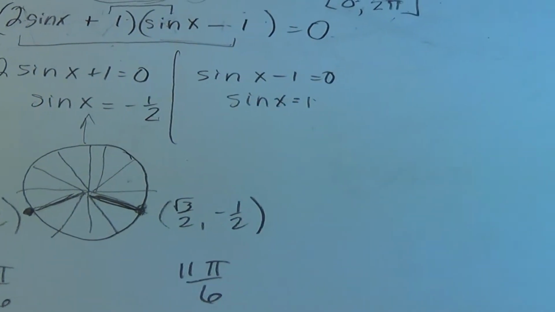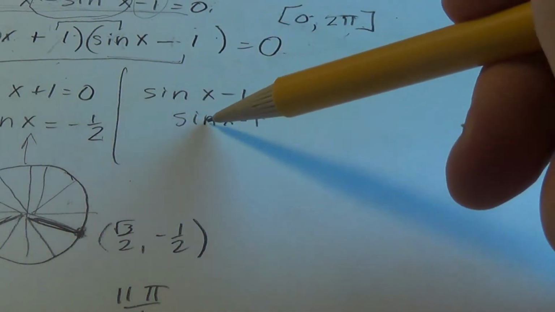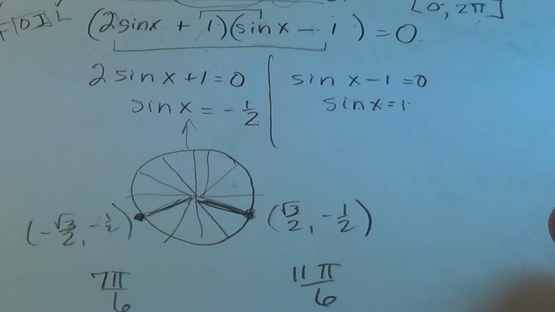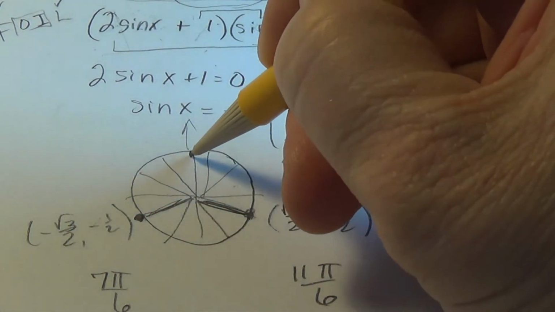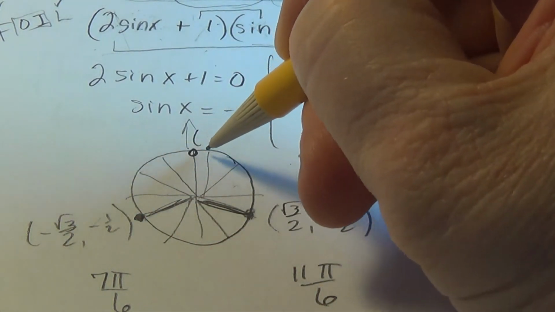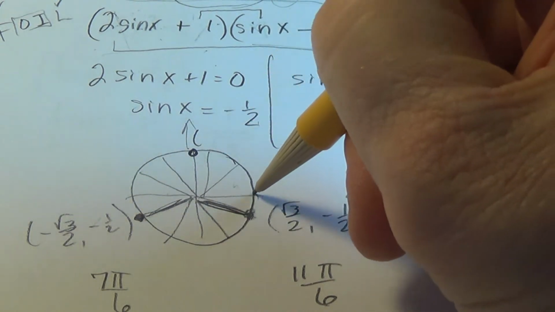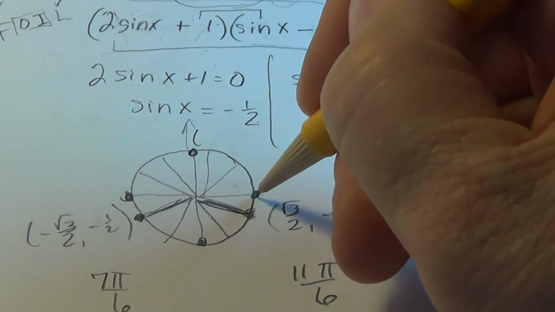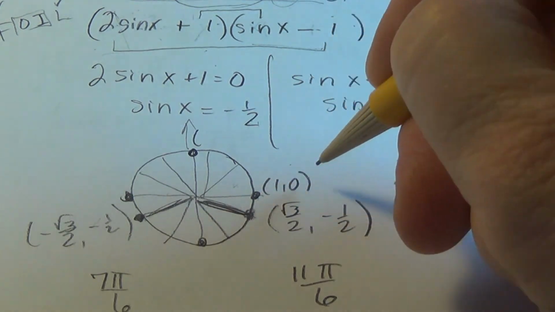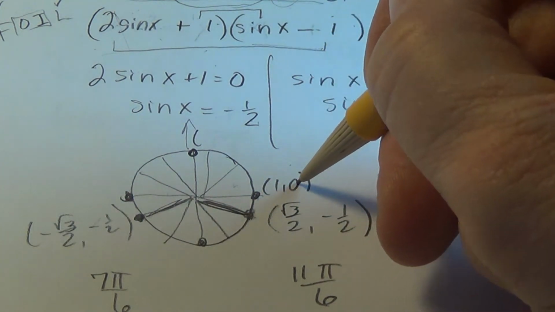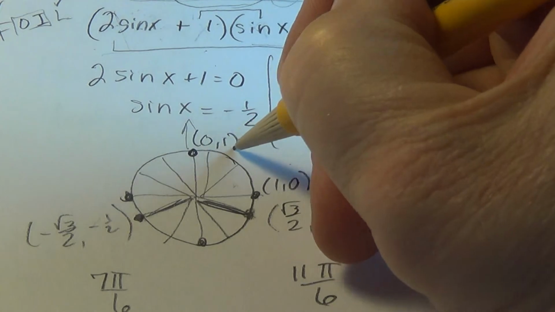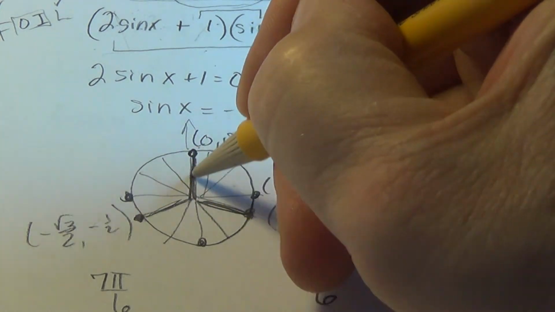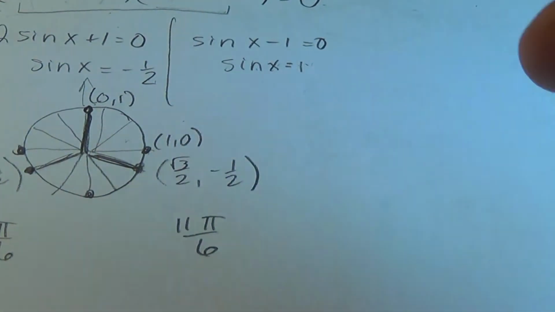And then we had this other side. Where does sine of x equal 1? That's one of our monkey maths. So is it up here? That value is here, here, or here. This value here is 1, 0, so the second coordinate is not 1. This one is 0, 1. Good, here it is. Here's 1, so that's pi over 2.